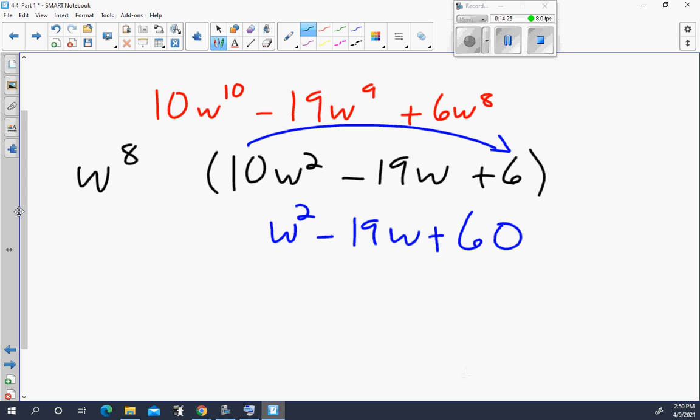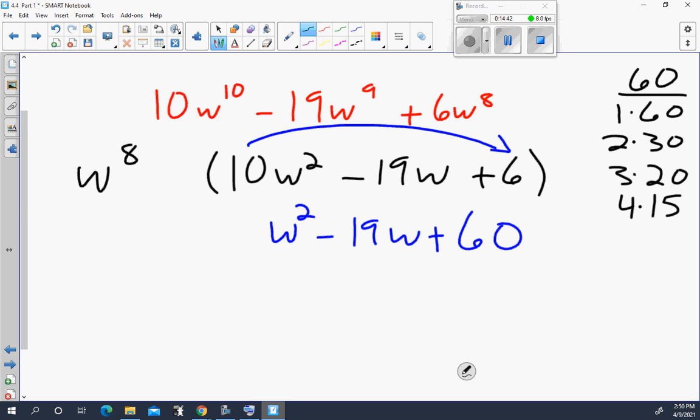Factors of 60, there's a lot of them. I'll start way up here since I probably need that much room. 1 and 60, 2 and 30, 3 and 20, 4 and 15, 5 and 12, 6 and 10, 7, no, 8, no, so that's it.